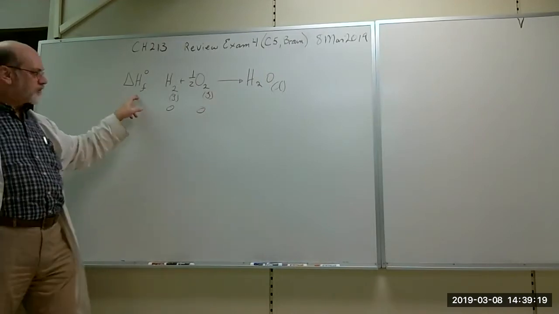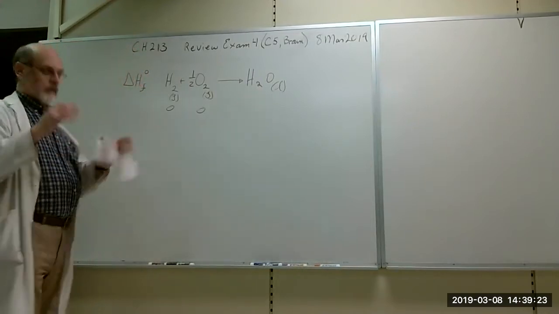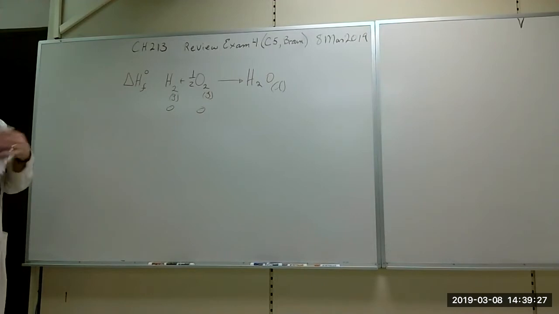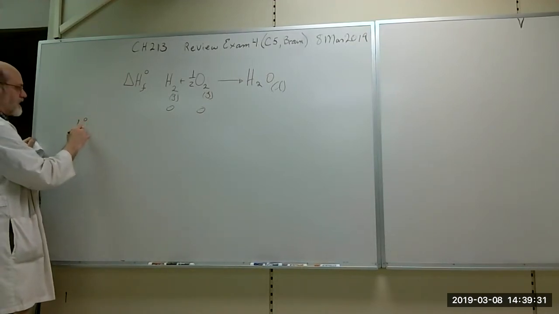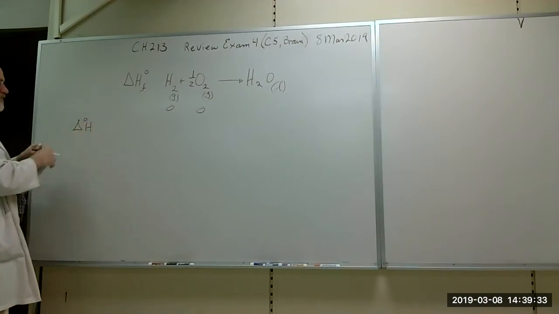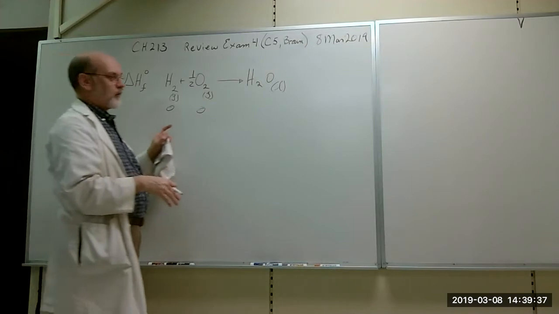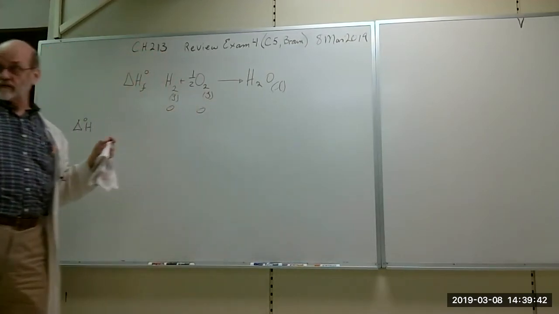So this value is associated only with that. So now, if you have a chemical reaction with compounds in it, then you can determine the standard heat, not of formation, but of the reaction, if you know the standard heats of formation for the products and the reactants.